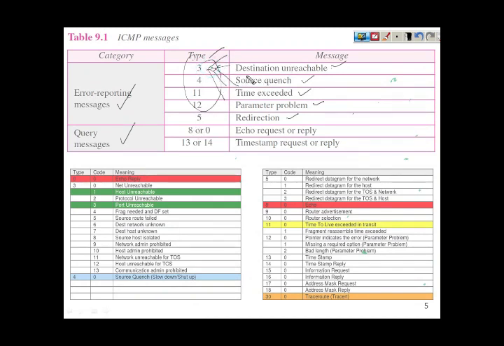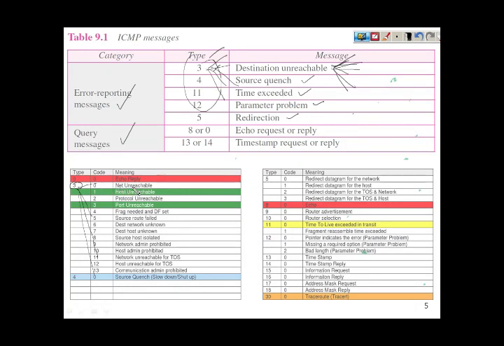So when I say one type is destination not reachable or destination unreachable, this is one error, and this is because of many possible reasons. We'll see one by one what the possible reasons are when this kind of error will occur. So we can say here that we have type 3, and type 3 can happen because of these various reasons. Each reason is assigned one code.